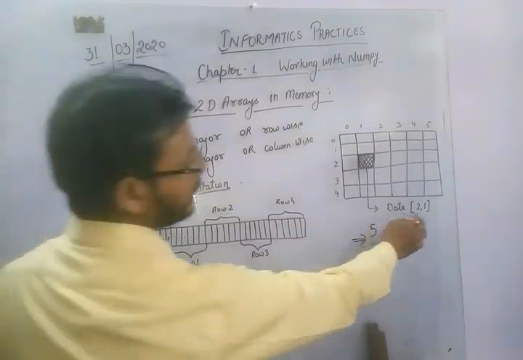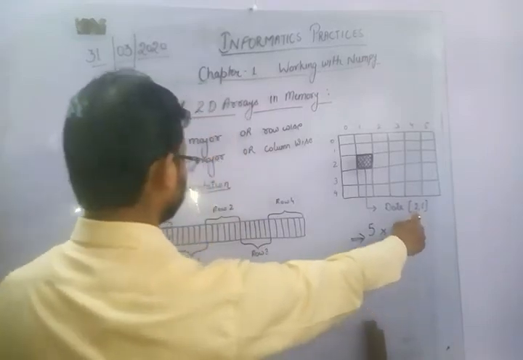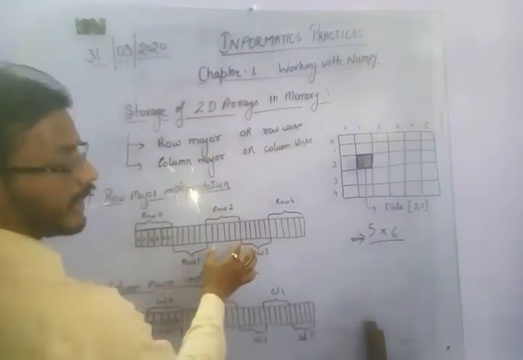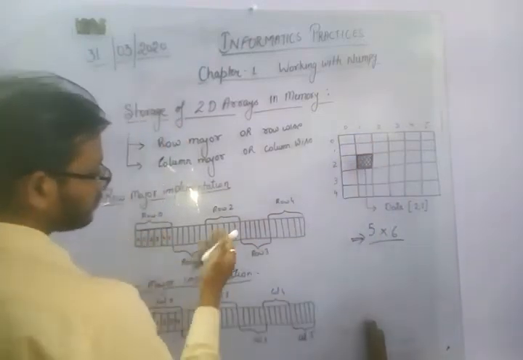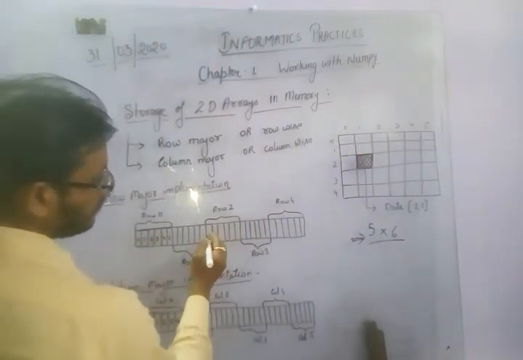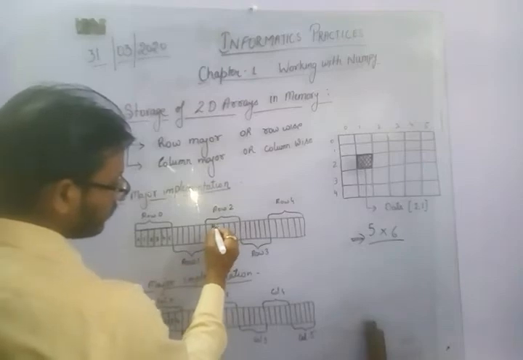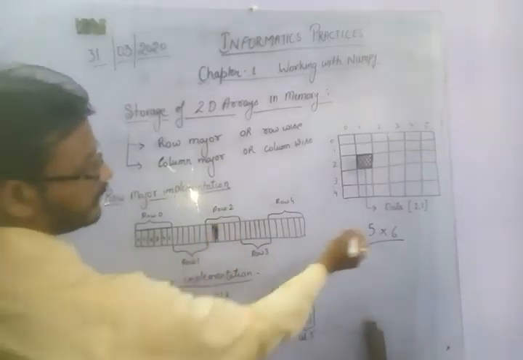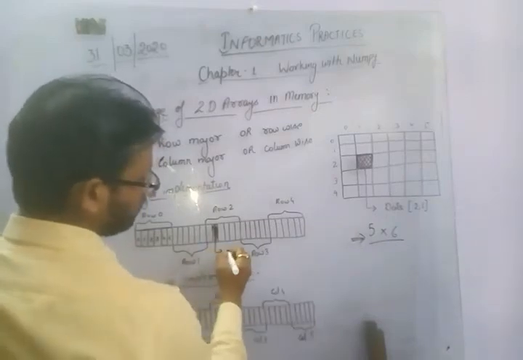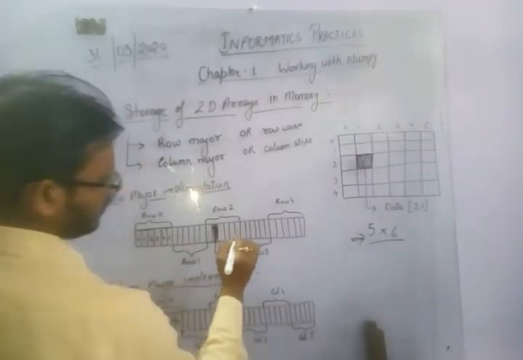We have to take the second row first. Second row means here, and in the first column here. So row 2 and column 0 and 1. So this data lies here, that is 2 comma 1.